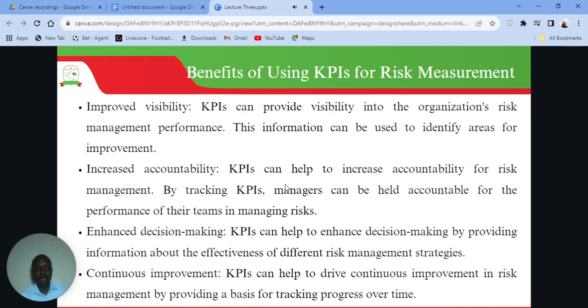If we are looking at the severity, then we can tell to what extent the risk took place. And then we also have enhanced decision making. Being guided by these KPIs, you can make better decisions. And finally, through using KPIs for risk measurement, you can have continuous improvement.